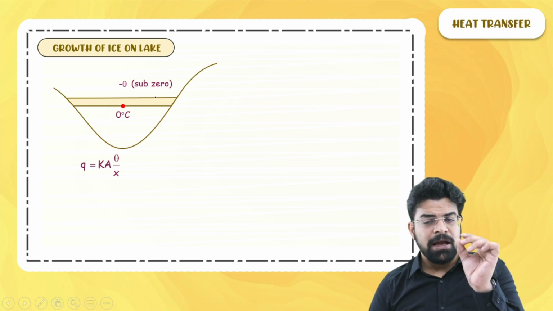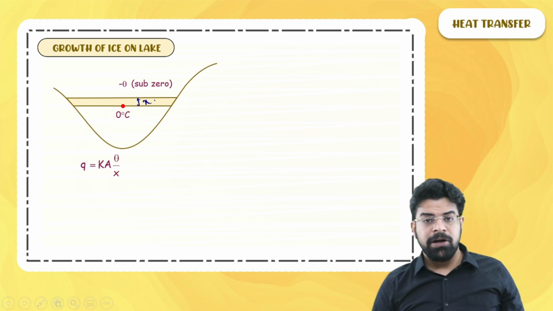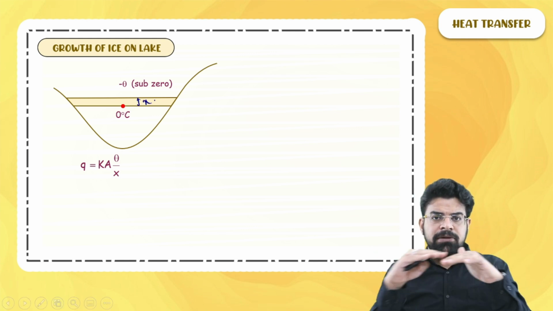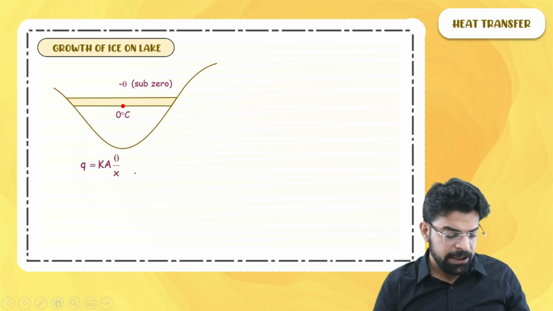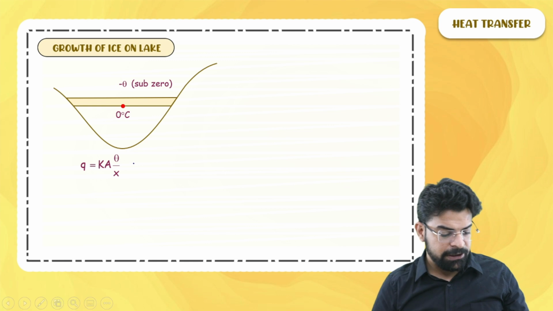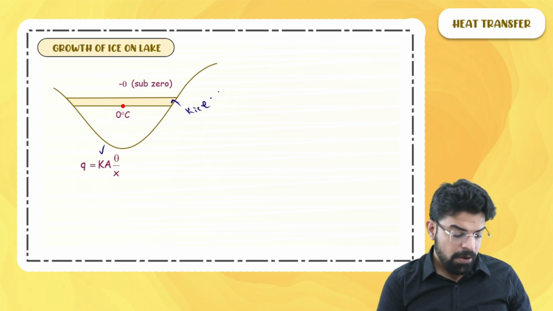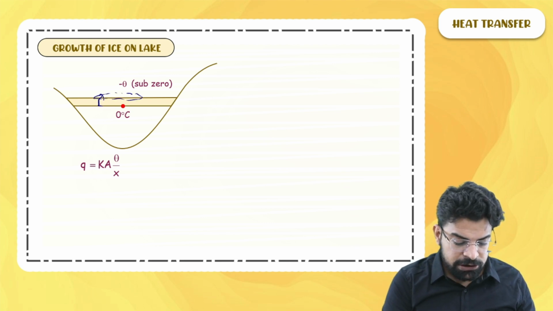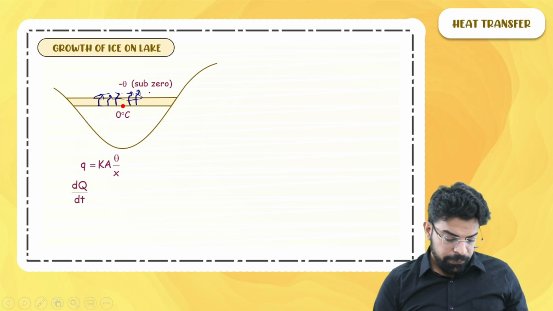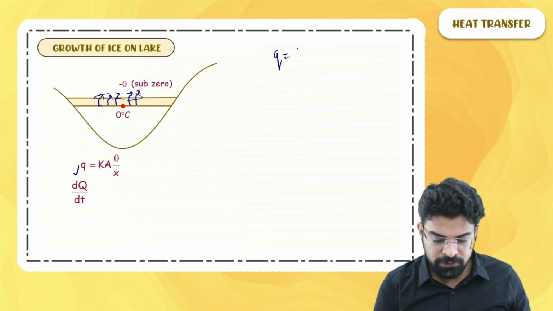So at any given instant, when the thickness of the ice between the ice-water layer and the surface is x, the rate of heat flow will be KA into theta by x. Sir, what is K? Conductivity of ice. What is A? The cross-sectional area through which you are assuming the heat to flow. Now dQ by dt, you know, Q is what? Heat, and dQ by dt is the rate of heat flow.